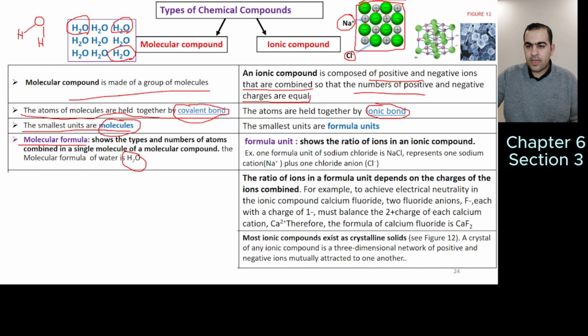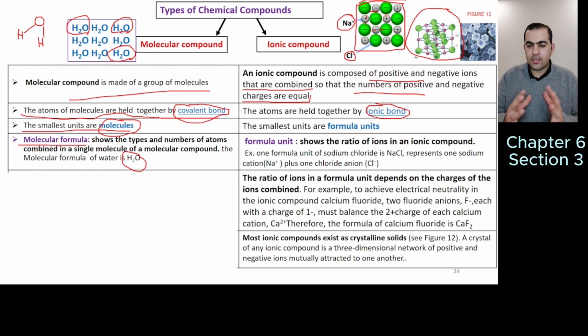Look, there's like a chain, a network. For example, this positive bonds with this negative, this chlorine bonds with this sodium, this sodium bonds with this chlorine. At the end, it's like a chain. So you can't indicate the smallest unit.